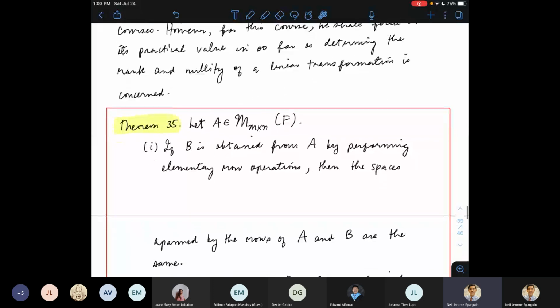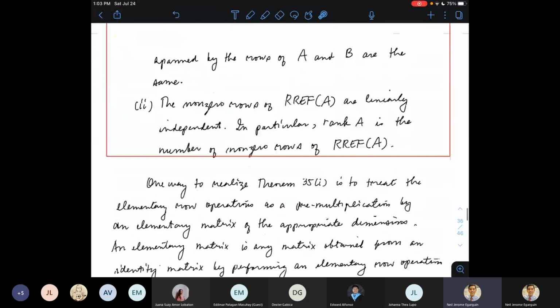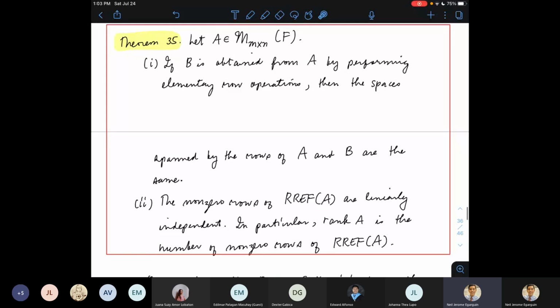Alright, so yeah, I have some theorems here. Pero hindi naman siya ganon, at least theorem 35.1 is not that big a deal. But I just want you to learn, kung hindi nyo pa alam, parang trivia lang yung 35.1, na kung si B ay na-obtain nyo from A using elementary row operations, actually, sorry, hindi pala siya yung gusto kong trivia.